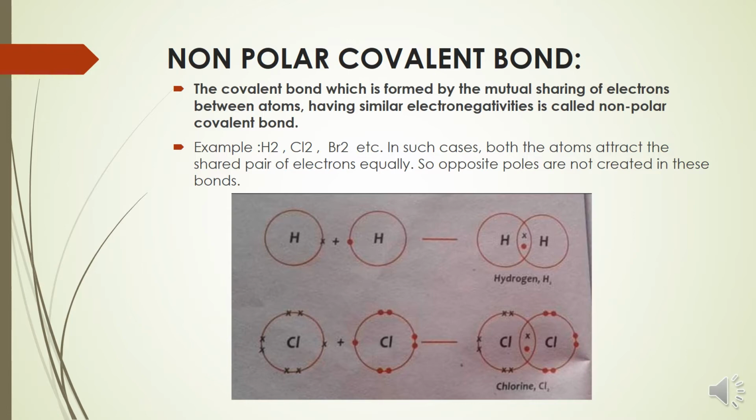When they combine and form molecules, the shared pair of electrons will be in the center of the bond, because the attraction for the shared pair of electrons on both sides will be same. So that's why this is called a non-polar covalent bond, means no pole, no negative, no positive poles.